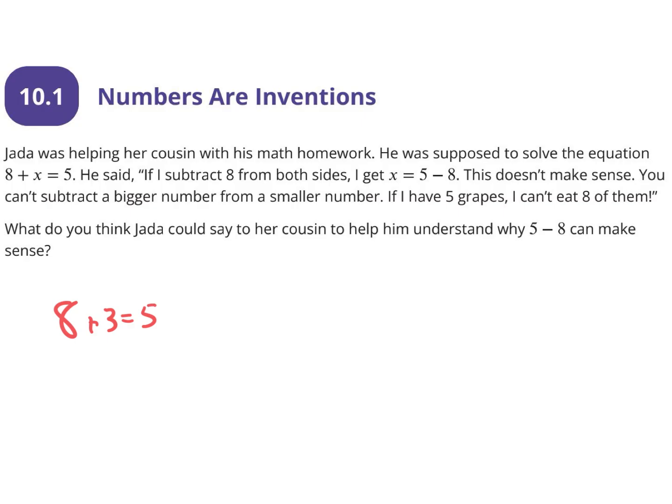But if you were to solve this algebraically, if we subtract 8, x will equal -3. But you can't have -3 grapes. So if you do it with real objects, it doesn't make any sense. But you were supposed to come up with an explanation to make it make sense.